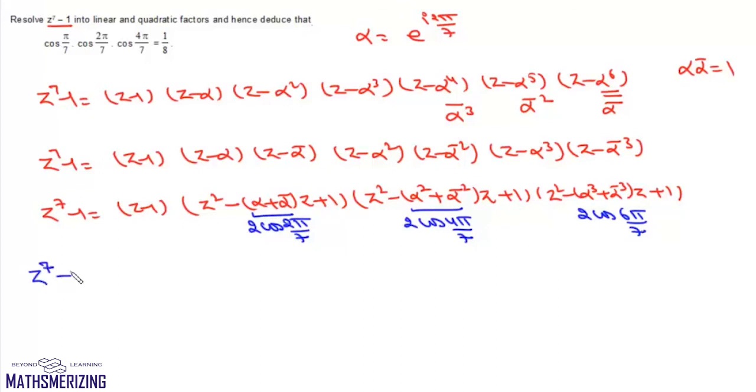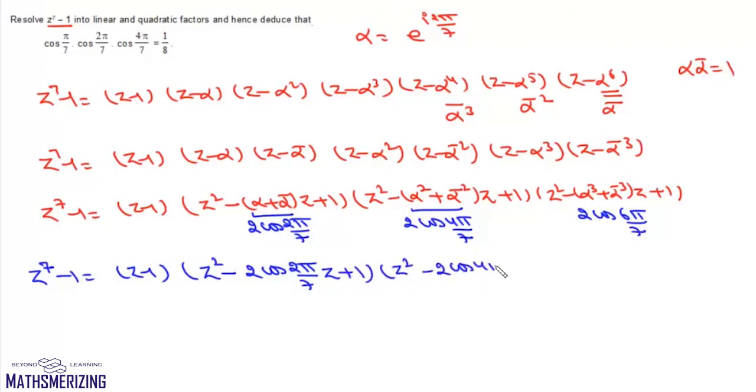So we'll get z to the power 7 minus 1 as (z minus 1)(z square minus 2 cos 2 pi by 7 z plus 1)(z square minus 2 cos 4 pi by 7 z plus 1) and then z square.